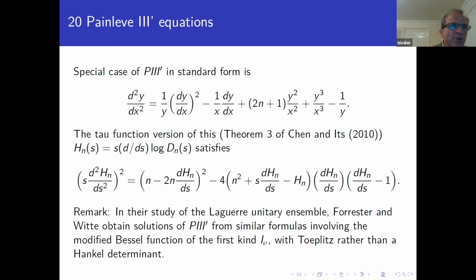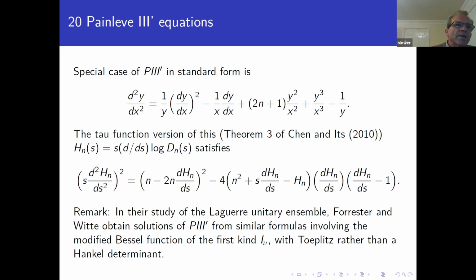There is another way of obtaining the Painlevé III prime from the Laguerre unitary ensemble. Forrester and Witte obtained solutions of Painlevé III prime from determinants that were Toeplitz determinants rather than Hankel, and they involved modified Bessel functions of the first kind. These are the so-called I-Bessel functions.